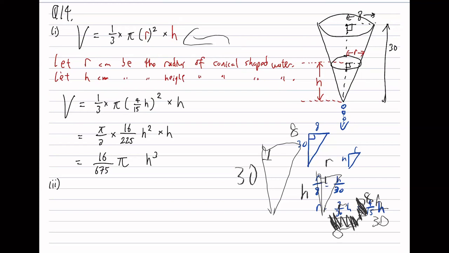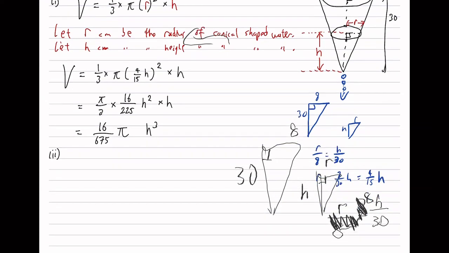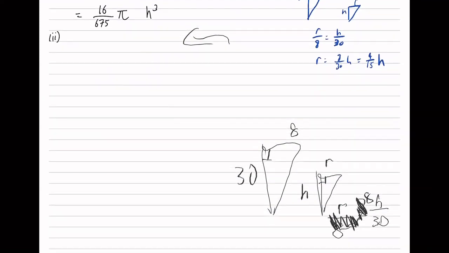That's when you can use your 5 already. WTF and given. Okay, maybe I just show up to here. Find dh over dt when h equals 12 cm.